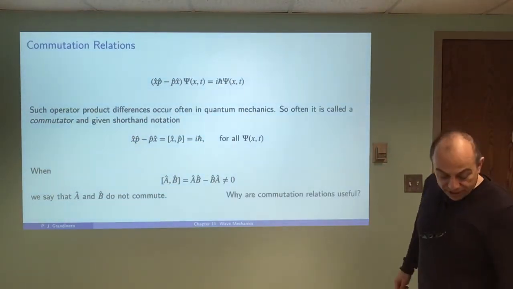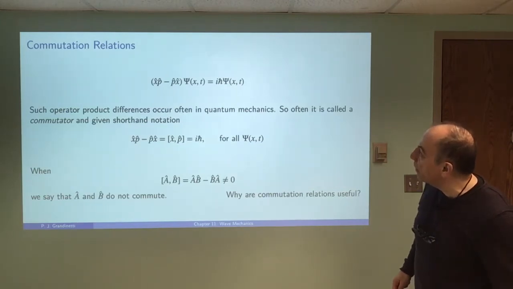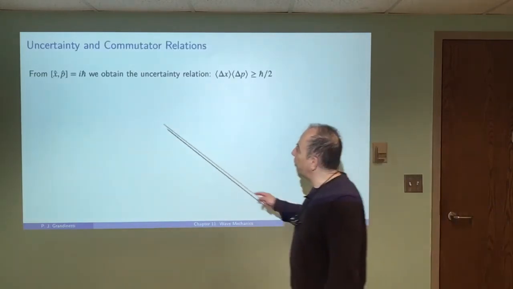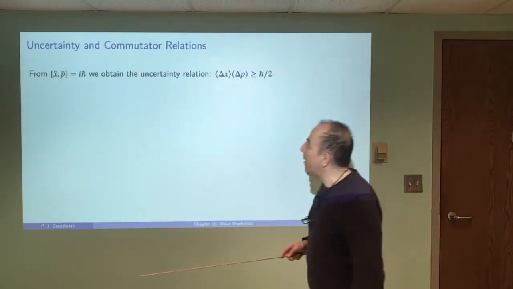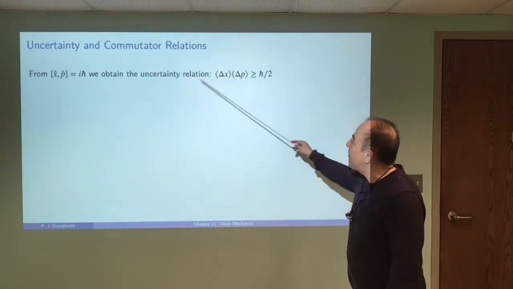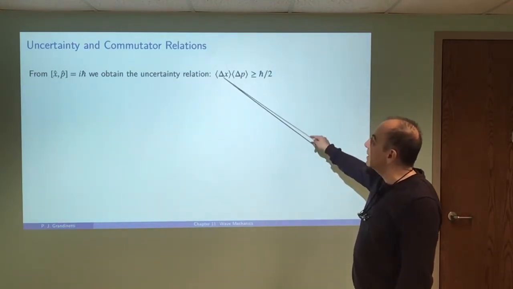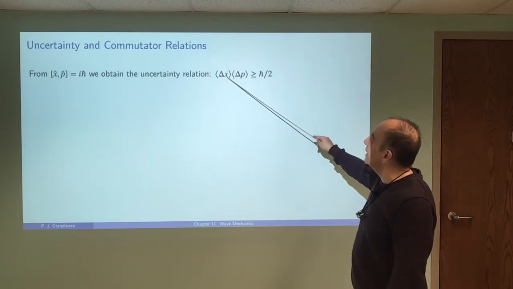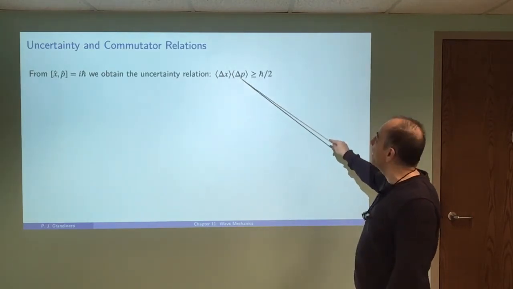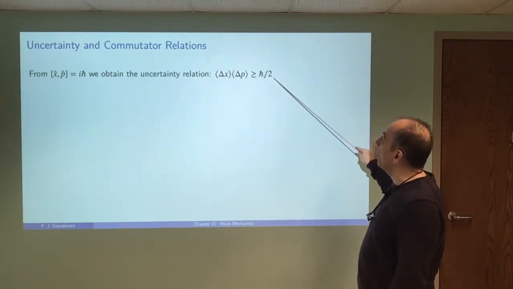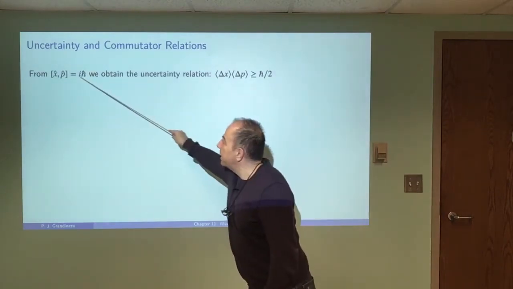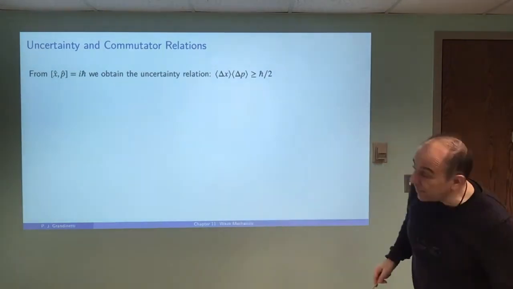Now, why are these commutation relationships useful? Well, if you remember, for x and p, the position and momentum, we have this uncertainty relationship that the uncertainty in x times the uncertainty in p is greater than or equal to h bar over 2. Well, that actually is contained in this commutator relationship.